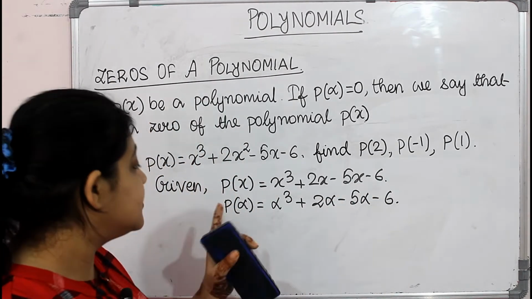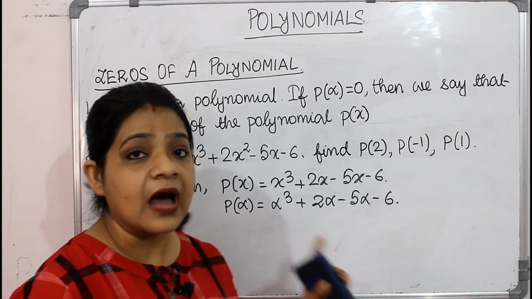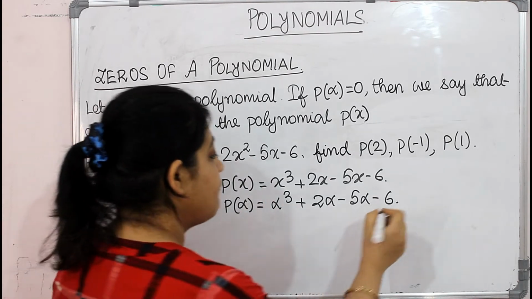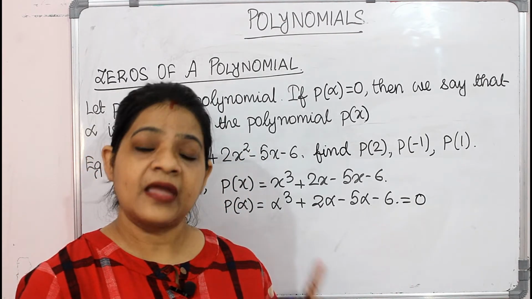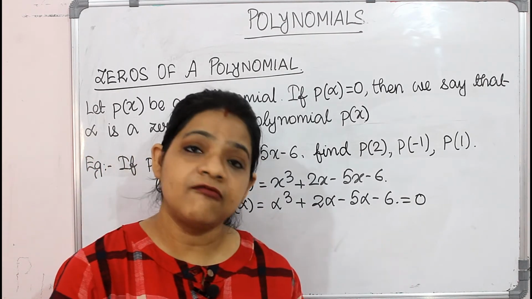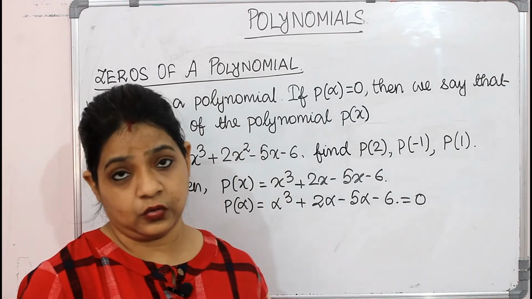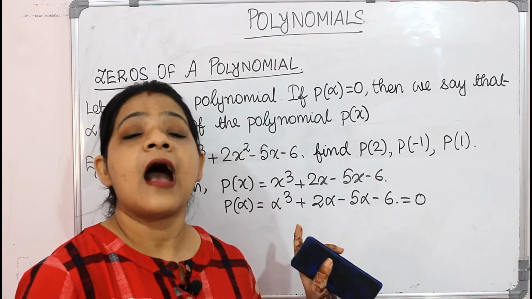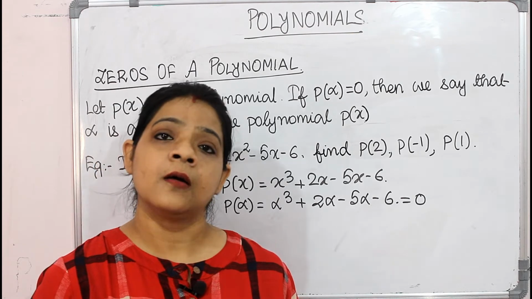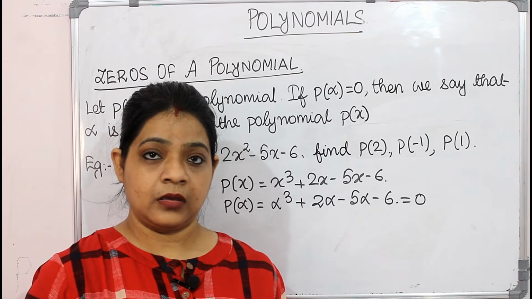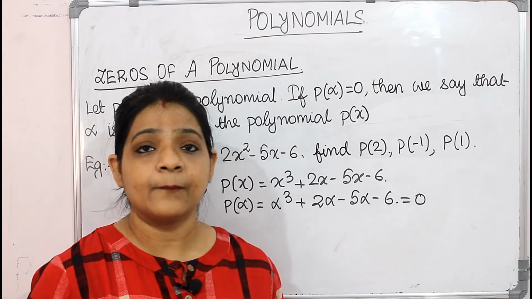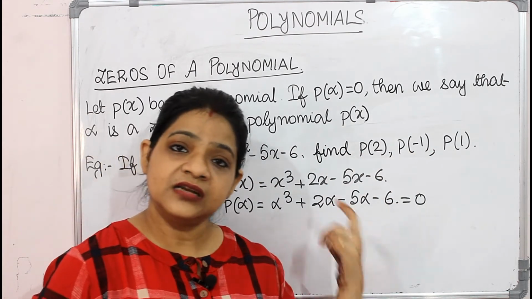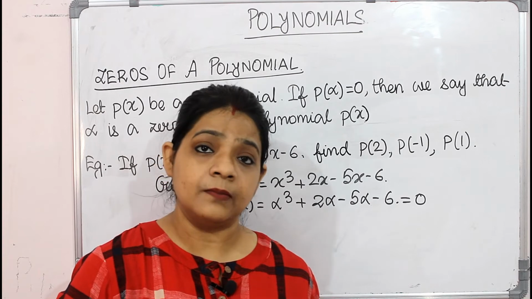Now, if p(alpha) becomes equal to 0, then we say that alpha is a zero of the polynomial. Understood?